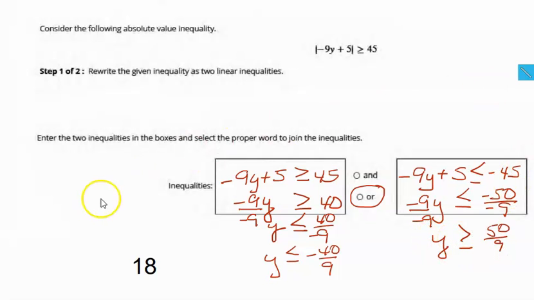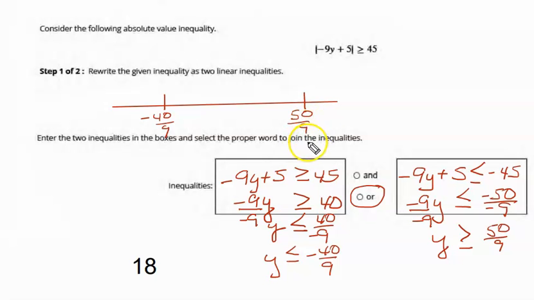Okay, so let's put this on a graph. Put it up here. Got plenty of room. And again, this is multi-step, so we'll see what they're asking for. Now the negative 40/9 would go there, and then the positive 50/9 would go there.